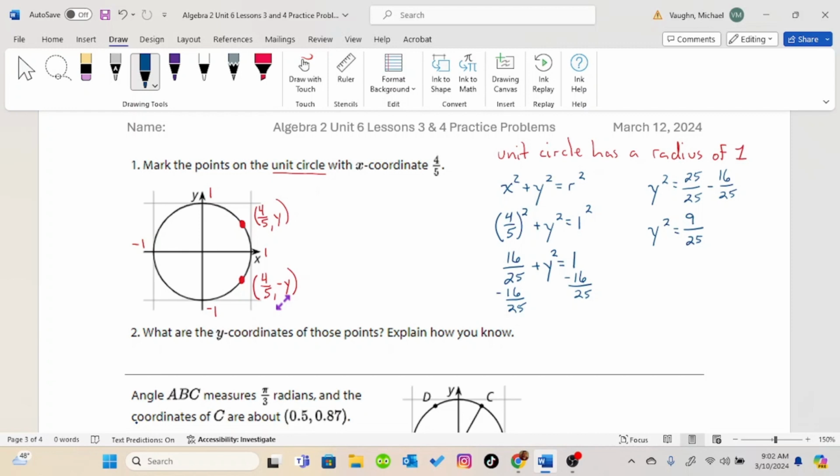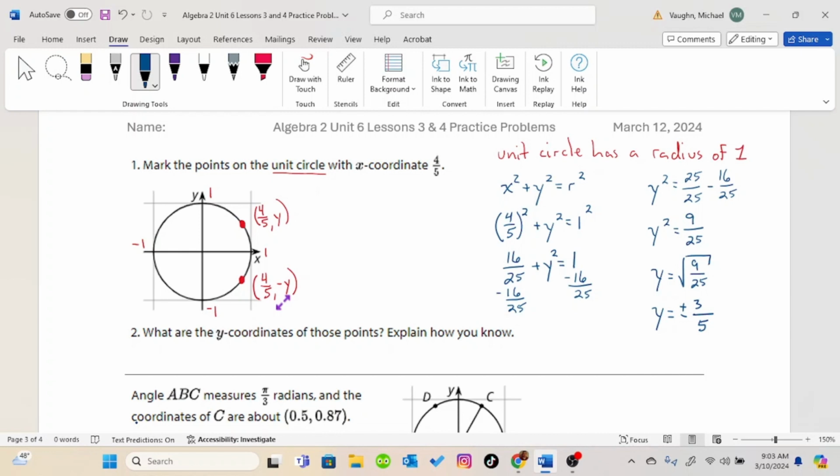To find y, I need to take the square root of both sides. So y equals the square root of 9/25. The square root of 9 is plus or minus 3, and the square root of 25 is plus or minus 5.